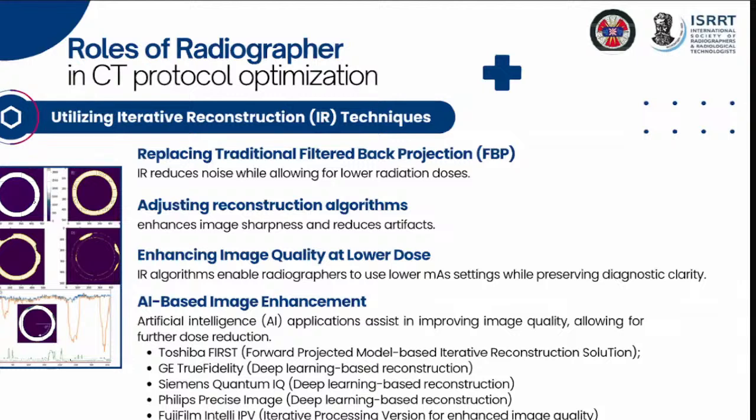For example, Toshiba has their own, GE has True Fidelity, Siemens is using Quantum IQ, Philips Precise Image, and also Fujifilm just now, Intelli IPV, where they are using a visual model, right? It's very, very eye-opening, how using AI can help our work better.